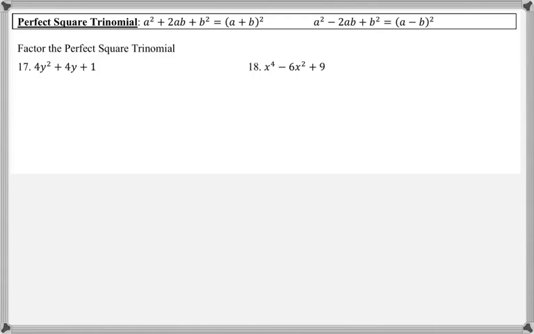I usually just factor it like any other trinomial, because when these are all mixed together with other ones, I just go in and try to factor by the AC method. I don't take the steps to identify whether this is actually a perfect square trinomial, because your first term and your last term would have to be squares, and your middle term would have to be 2 times the square root of the first and last term.